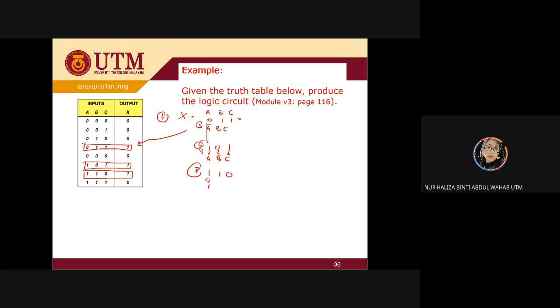So it will be A, B, and C bar. Why? As I mentioned, if it is 0, you're going to put a bar. If it's 1, you will copy paste the input. So my X will be A bar B C plus A B bar C plus A B C bar from this truth table.